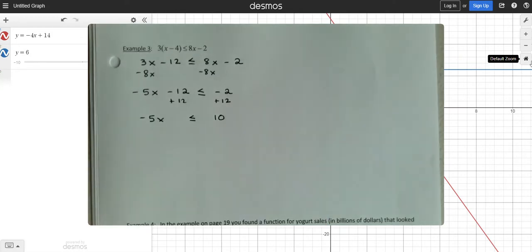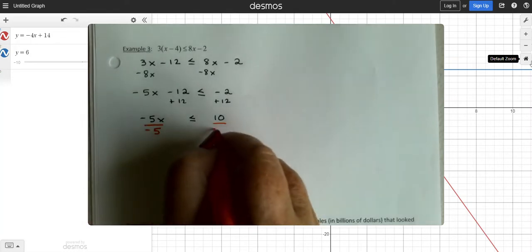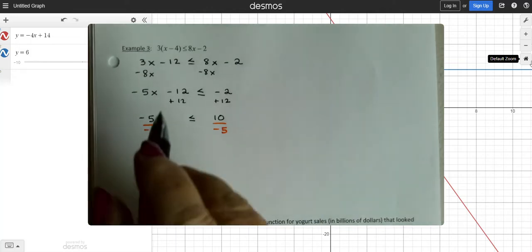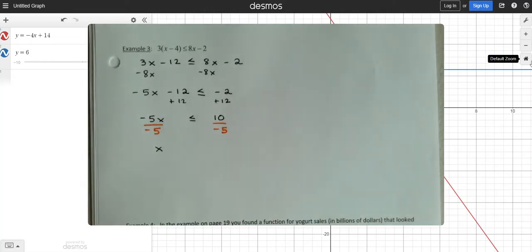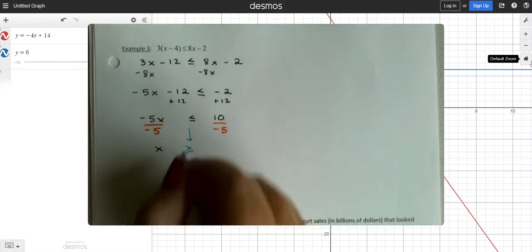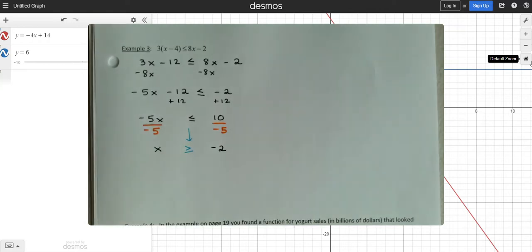Negative 5x is less than or equal to 10. And here we go again, right? I now have to divide by a negative number. And because I'm dividing by a negative number, I'm going to reverse my inequality. So x is greater than or equal to negative 2.